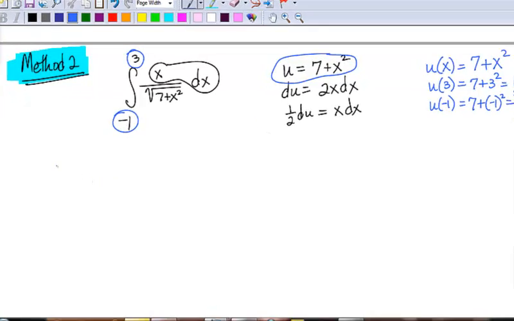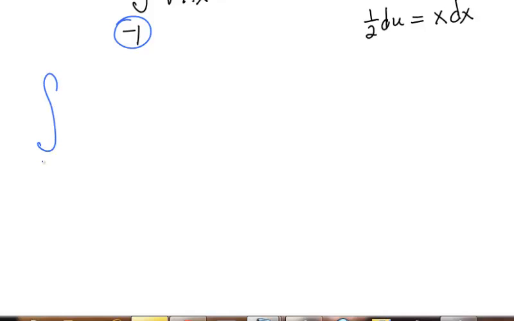So you'll write the definite integral, and I've just figured the new values are 8 and 16. So in terms of u, we can substitute in, we still have the square root of u, and the x dx is 1/2 du. I'm still going to take the 1/2 out front.